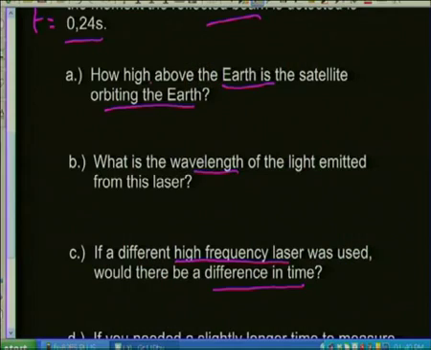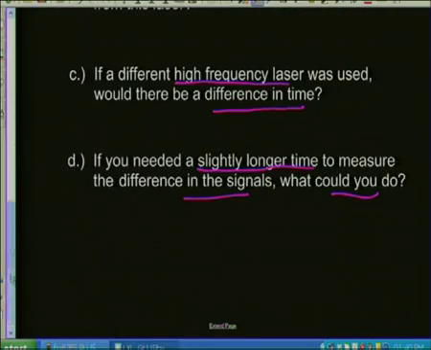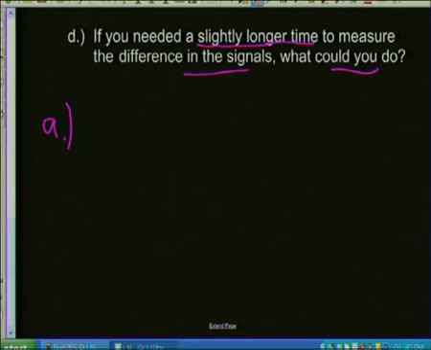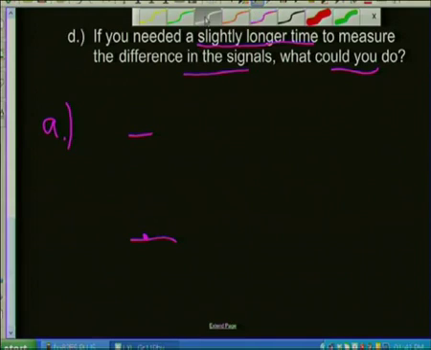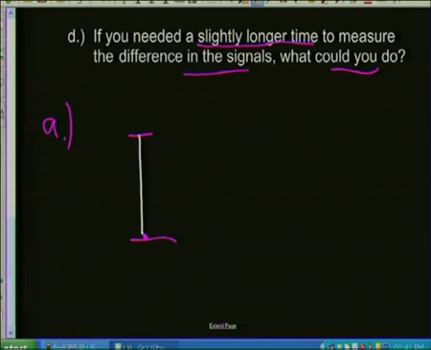So first question is how high? We're asked to find the distance. We recognize that for part A, I like to draw a little sketch. So I'm going to say, here's my little laser beam, and here's my mirror sitting on the satellite. What we recognize is that the beam is going to go straight up, and it's going to come straight down.